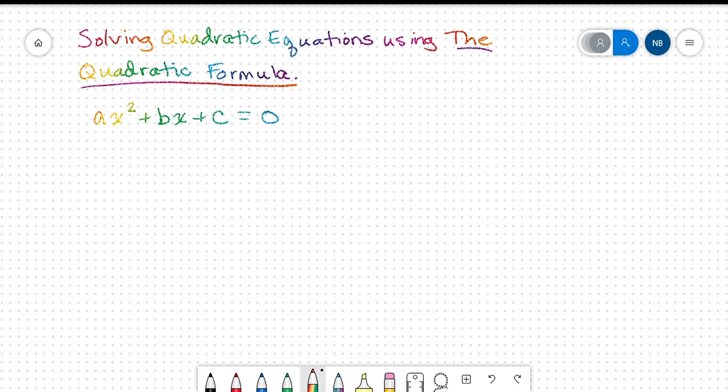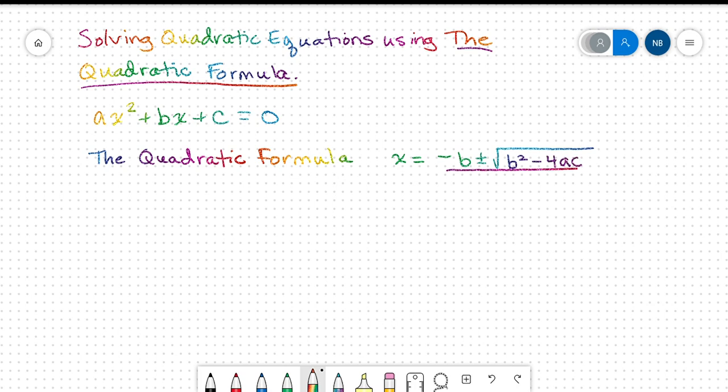The quadratic formula tells us that x is equal to negative b plus or minus the square root of b squared minus 4ac, all over 2a.